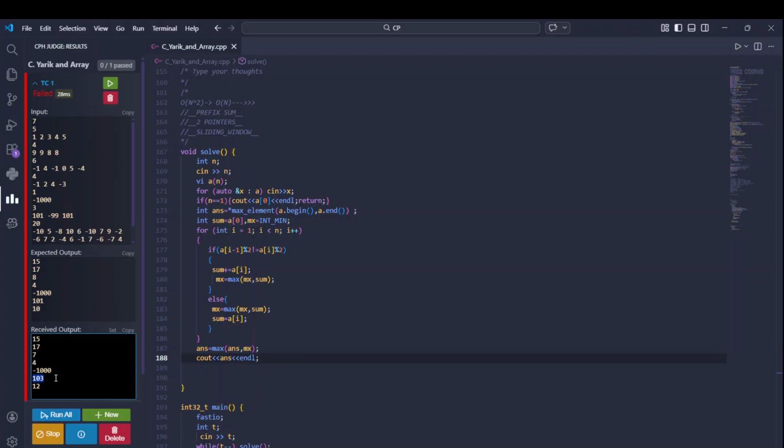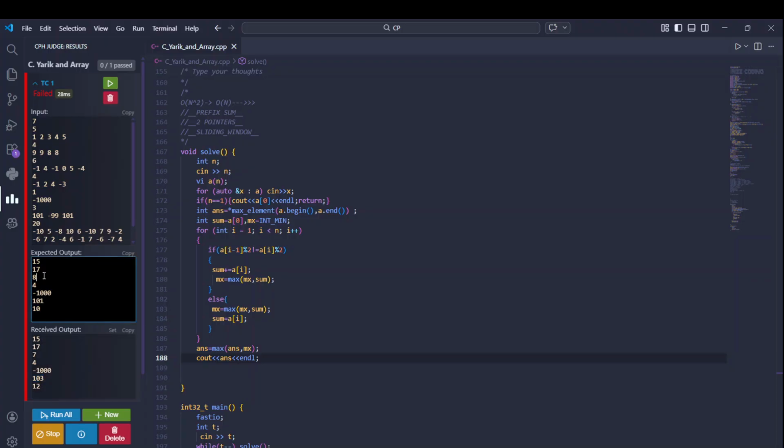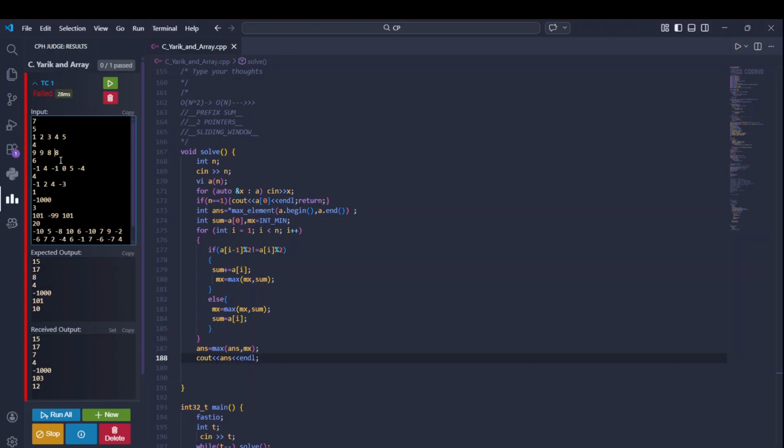Why 103? How 103? Why? How? Different for this 8. This is 8. This condition. Why 7? The maximum is 4 initially. Influence of 4, 1, 0. So, I got it.